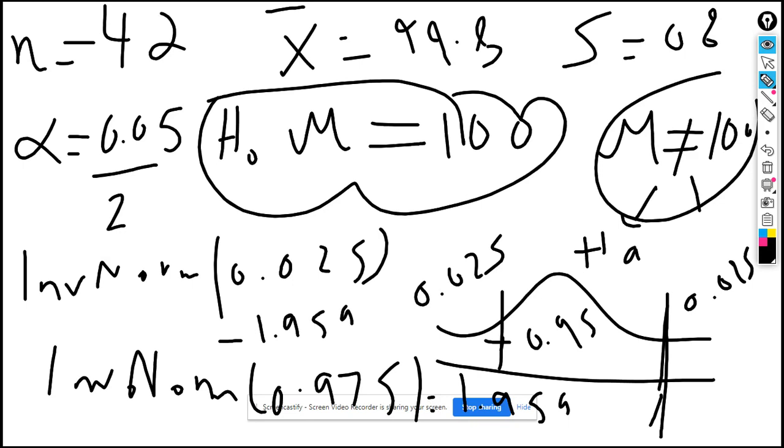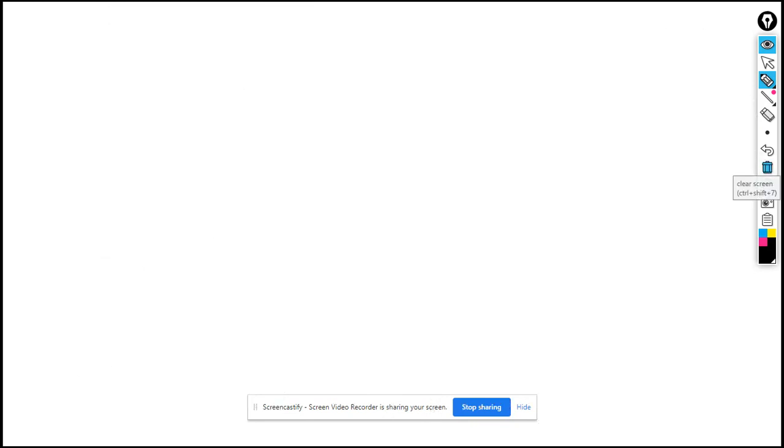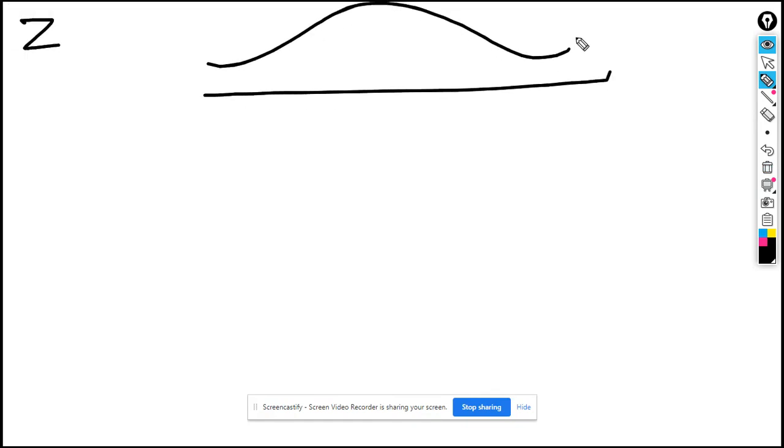So I have one positive and one negative. So the critical values are negative 1.96 and positive 1.96.